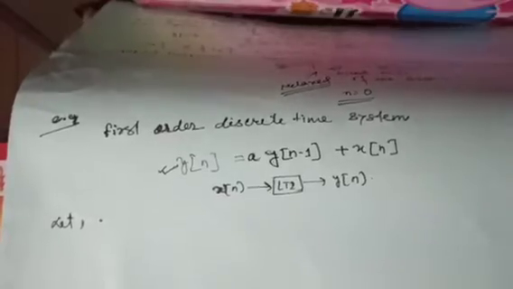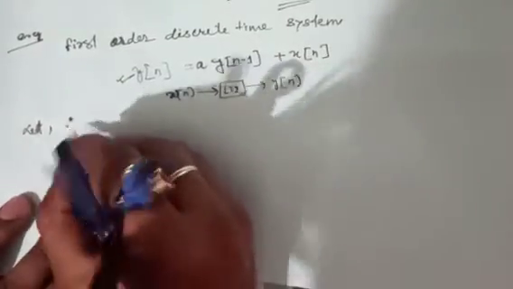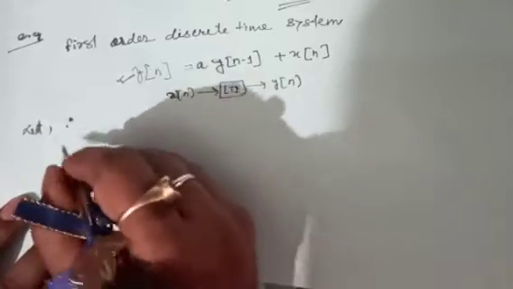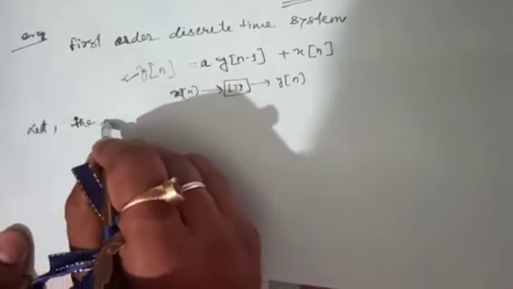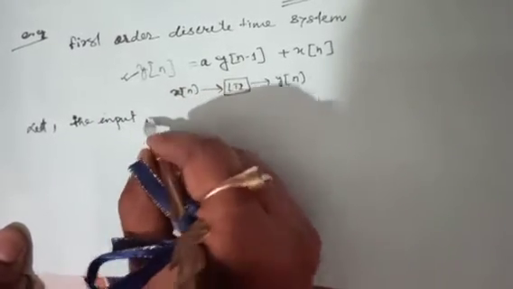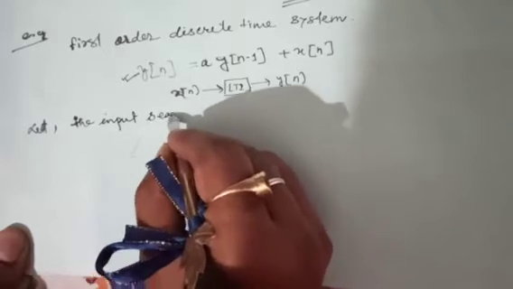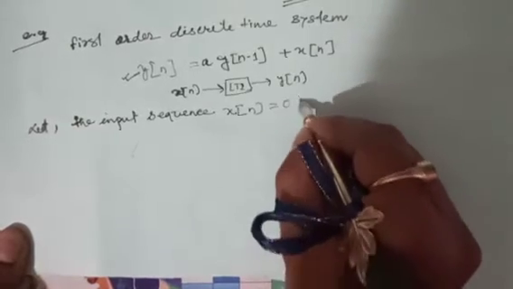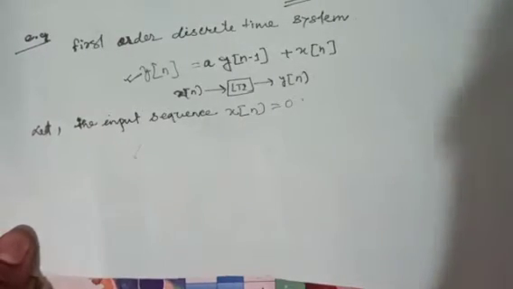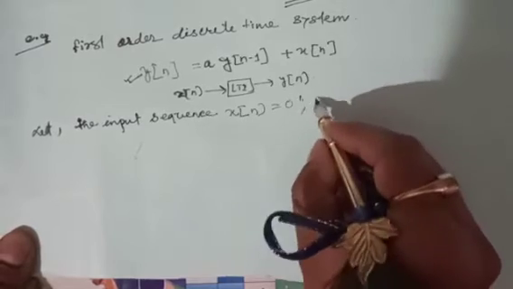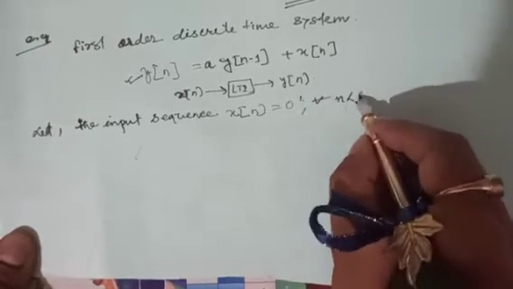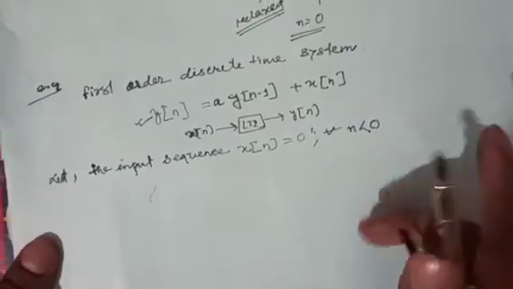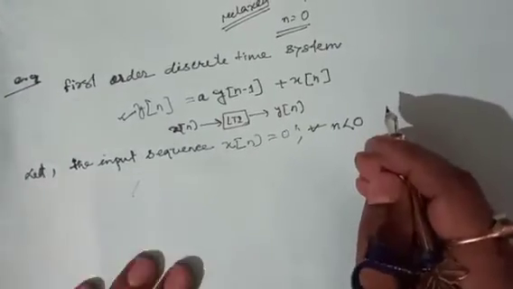Let the input sequence x of n be 0 for all n less than 0. Okay, the input sequence is 0 for all n less than 0.